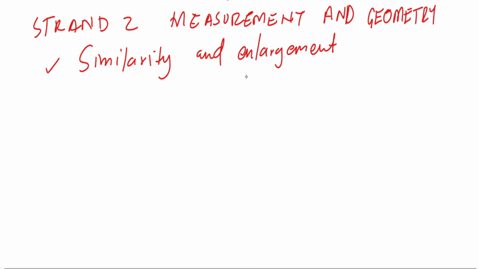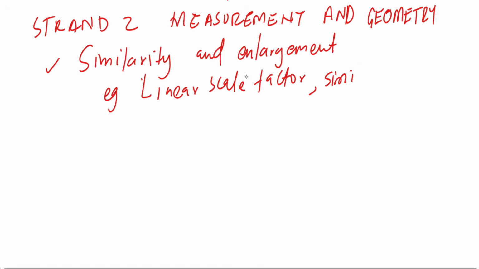This time you'll be using computation, as in you'll be searching for things like linear scale factor, area scale factor, volume scale factor. So this is the new concept that you might encounter. There are things like similar objects, which objects are not similar, or similarity. So yeah. Now another topic in Strand 2 is on reflection and congruence.